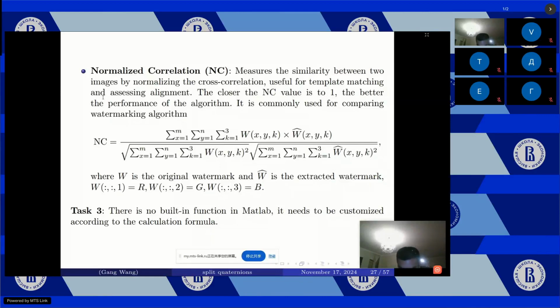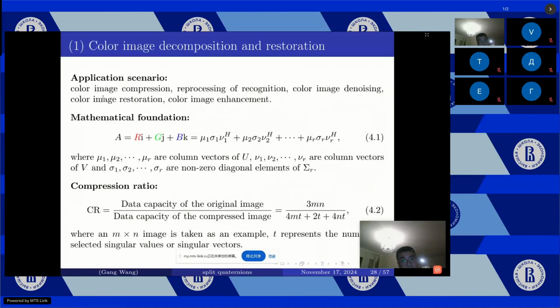It is commonly used in evaluating watermarking algorithms. MATLAB does not provide a built-in function for NC, but interested users can define a function based on the formula provided here.